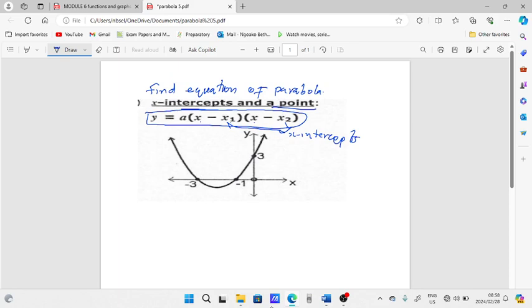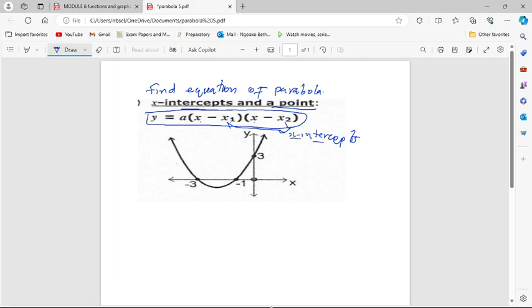So there is no other value that can take their place. Once we say x-intercepts, they are on the x-axis. The x and y are other points that are on the graph, so they can change, but these two cannot change.